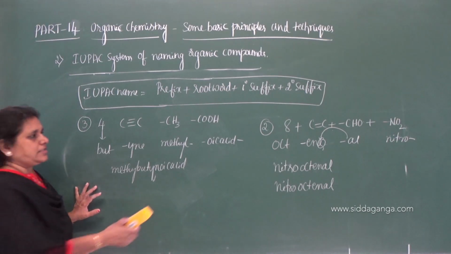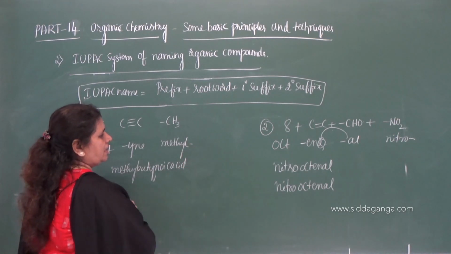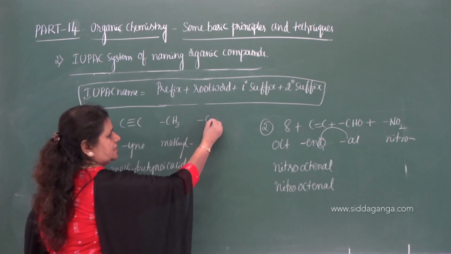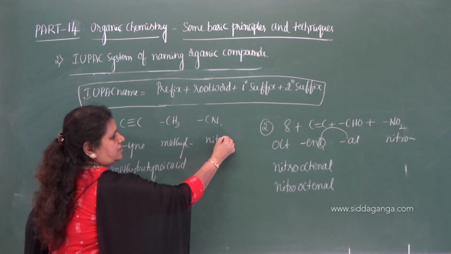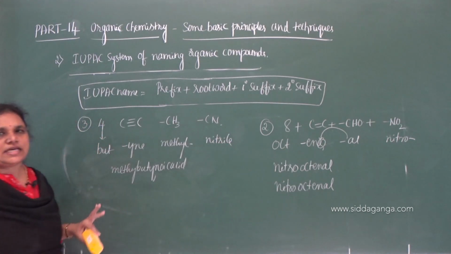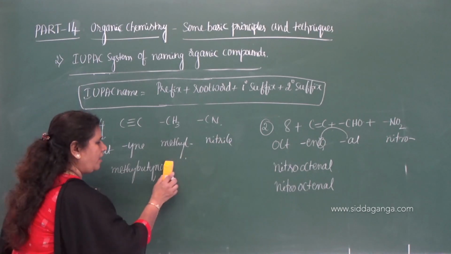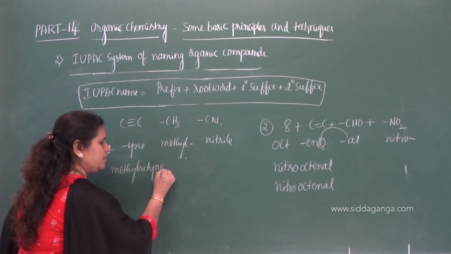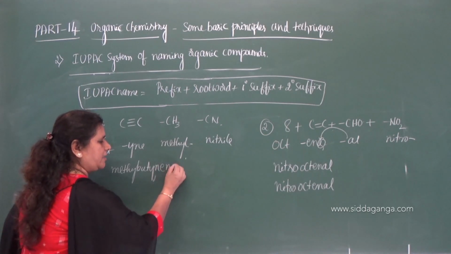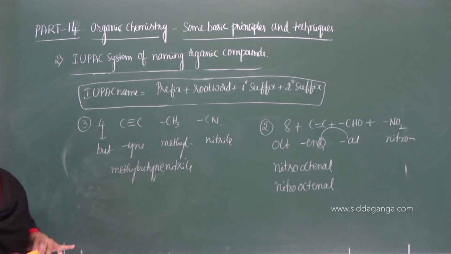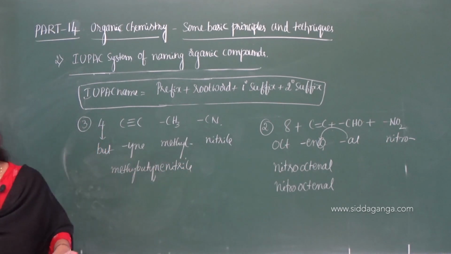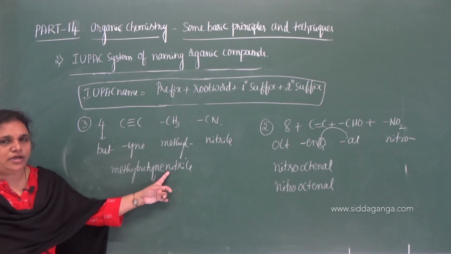Instead of oic acid, if a CN group, the cyanide group, is present, then we use the secondary suffix nitrile, and we need not drop the terminal e. So yne nitrile, butyne nitrile. We need not drop the terminal e here because the suffix does not start with a vowel.